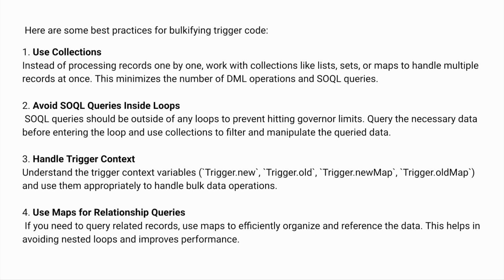Our next practice to bulkify our trigger code is using maps for relationship queries, that is, whenever we are querying related records. For example, if we have an account and we are trying to query the related contacts as well, then we should use a map properly.